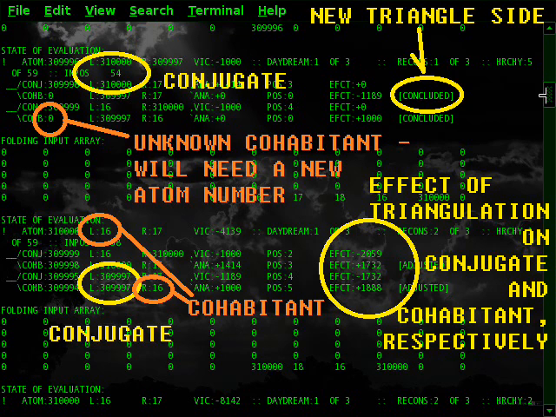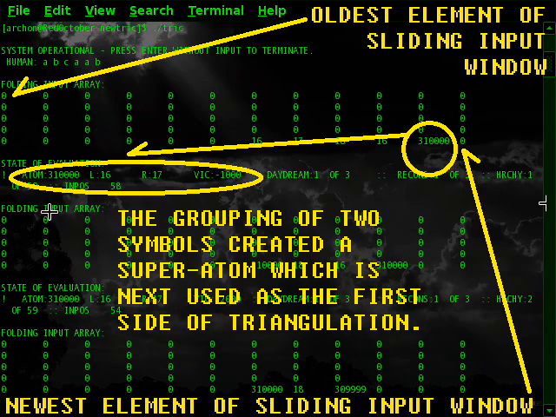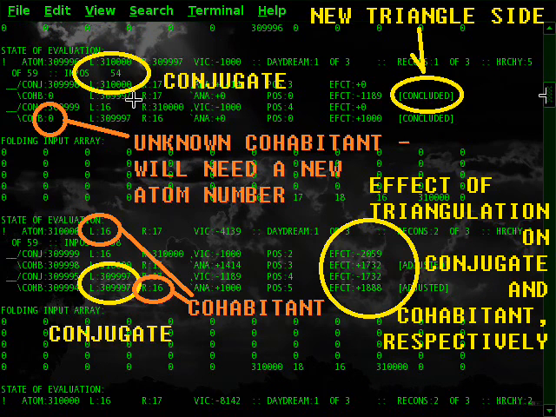It is going to show you states of evaluation. Now let's go back once. Okay. It is going to show you here the triangulation. It is taking this atom here. This is the triangle side it is currently handling.